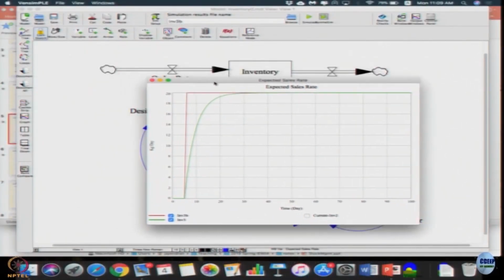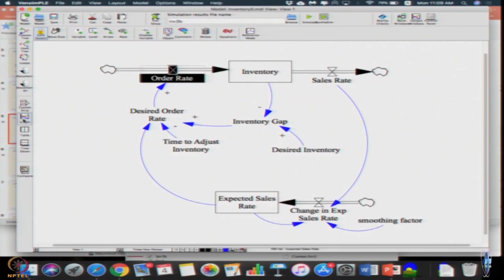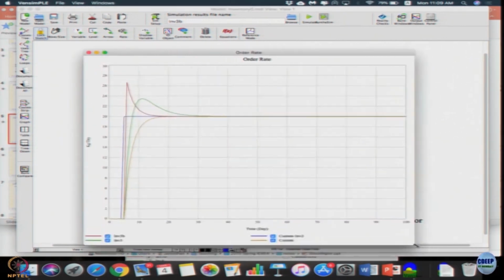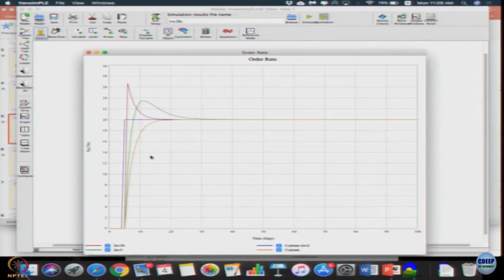Let us see what will happen to our order rate. There are a lot of lines. This one here with a sharp peak is when the smoothing factor is 1. It still overshoots, and then has exponential decay or goal seeking behavior to reach your steady state value. So, the higher the smoothing factor, the faster you are going to reach your goal, right.